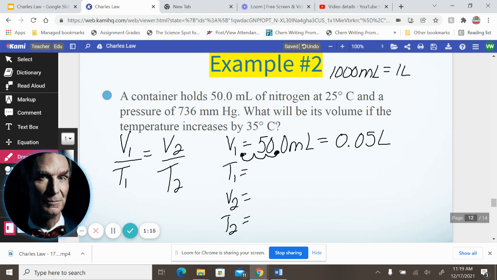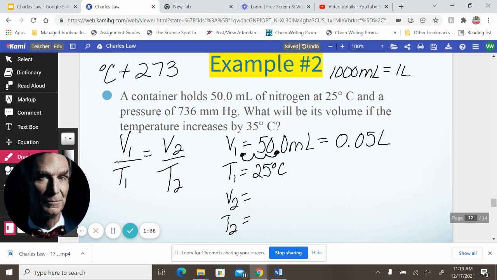All right, our initial temperature, T1, is going to be 25 degrees Celsius. Again, with Charles's gas law, you have to have your temperature in Kelvin. And remember, the formula is degrees Celsius plus 273.